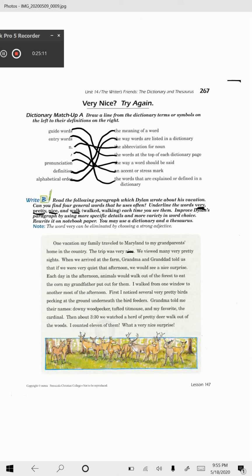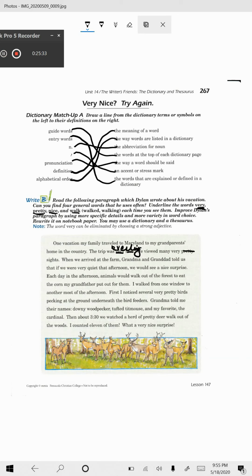Let's get rid of that nice. How about the trip was, we're going to get rid of very too. The trip was, how about exciting? We viewed many pretty sights. Let's get rid of the word pretty.